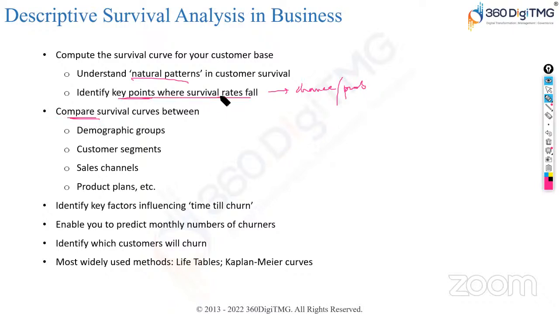These survival rates are generated in terms of visual representations. We will compare those visual representations with respect to demographic groups, customer segments, sales channels, or some categories that we take. Then we group the data and compare these groups. This will help us identify the key factors which are actually affecting the probability.